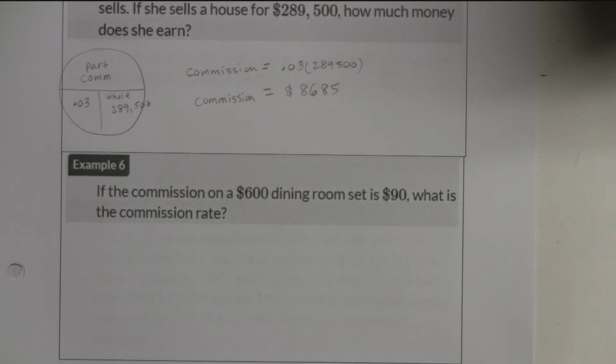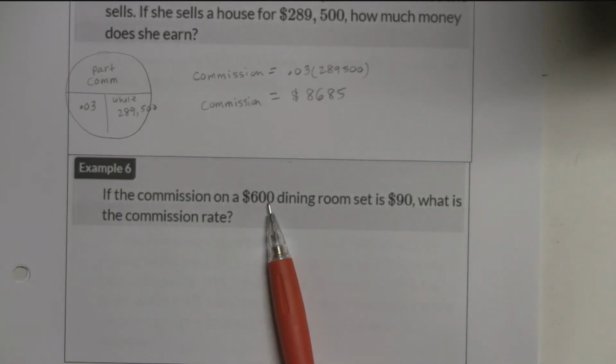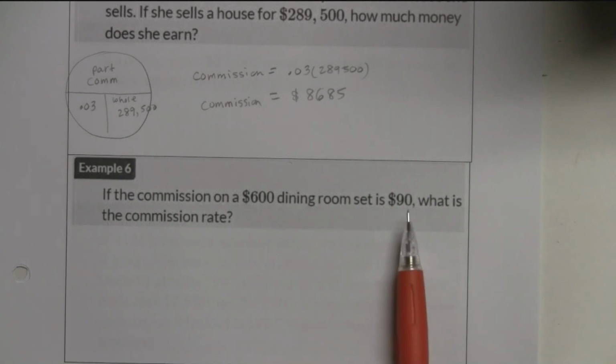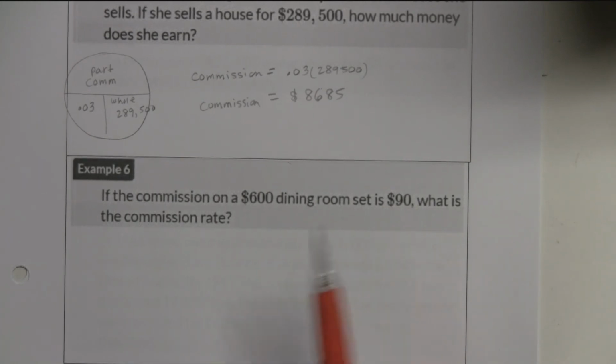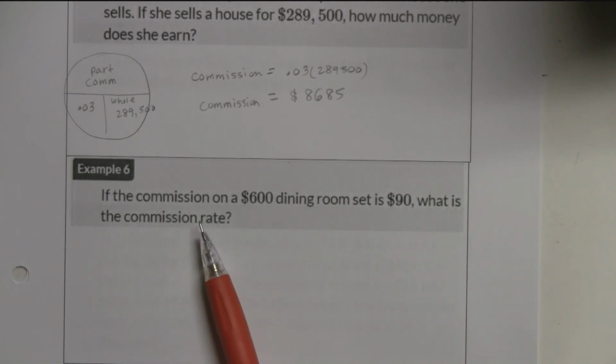And you get to pick how much the item would be sold for, etc. You have some say and whatnot, and they have some say because they're giving you the room in there. And so this is the total price of the dining room set, and this is the part that was the commission. And so they're wanting to know what the commission rate is, what the percentage is.